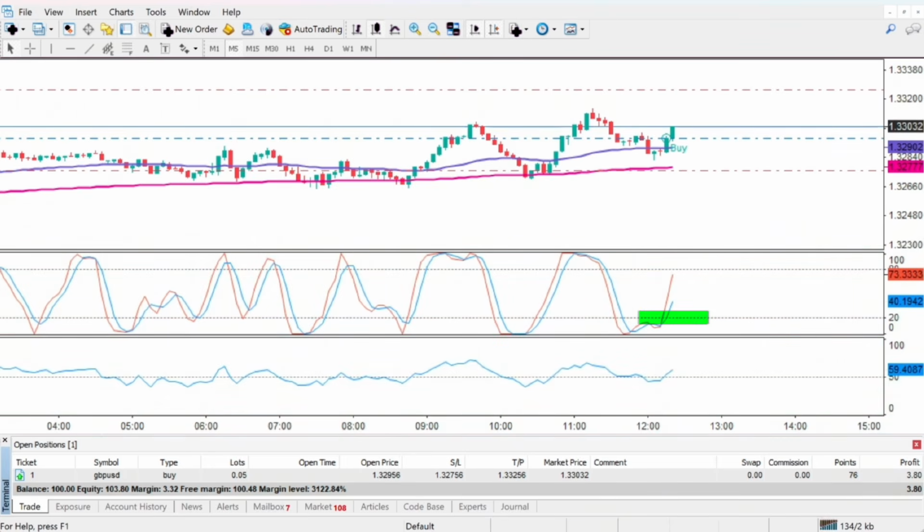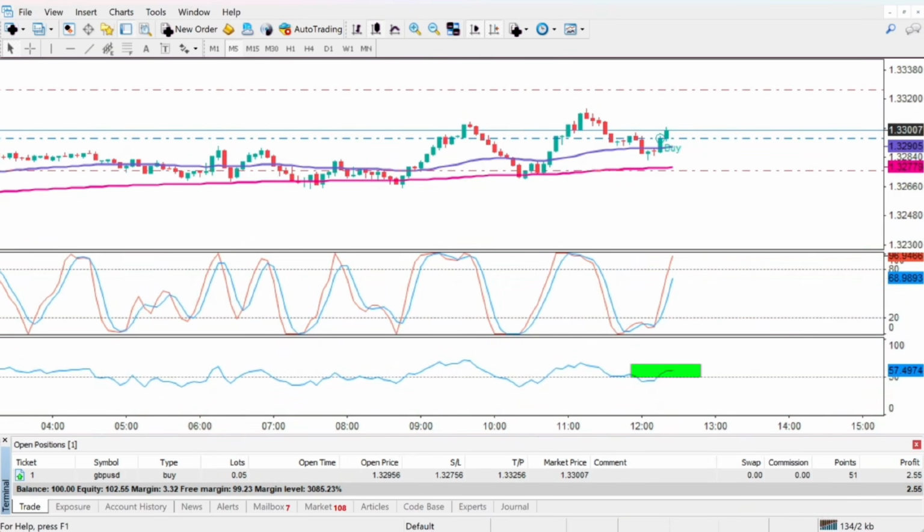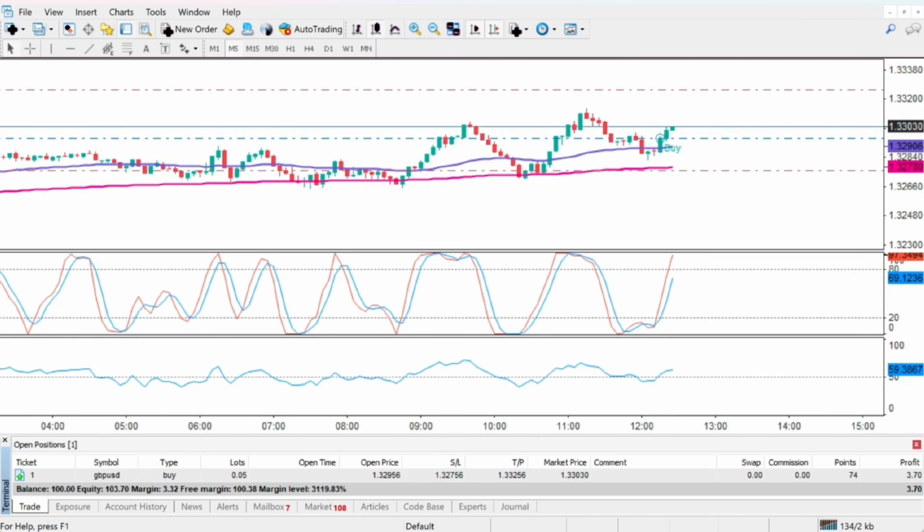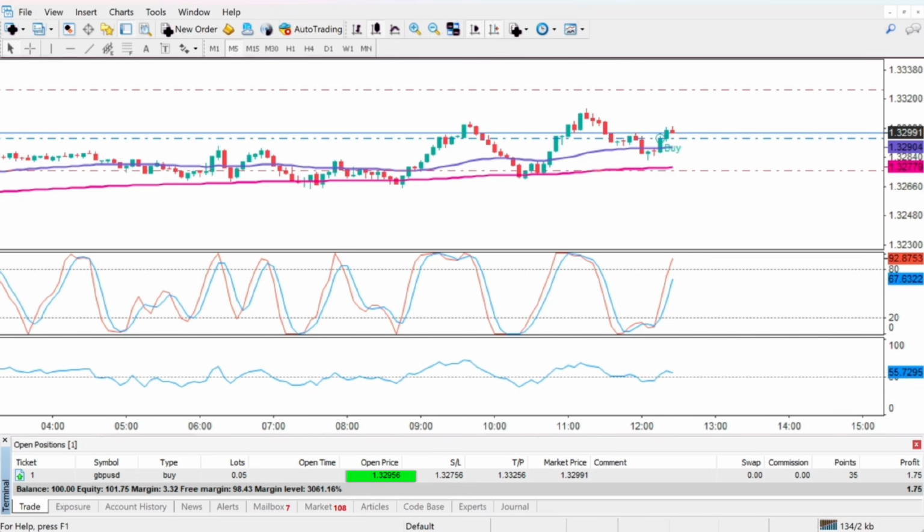Stochastic popped out of oversold, RSI holding above 50. So I pulled the trigger at 1.32966 with a 20 pip stop loss and 30 pip take profit. Lot size is 0.05, which actually risks about 10% of the account. Yeah, I know that's heavy, but remember, this is an experiment, so we're pushing it a little.